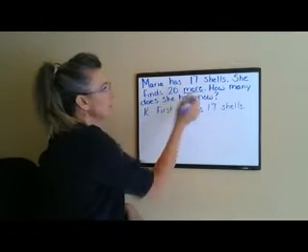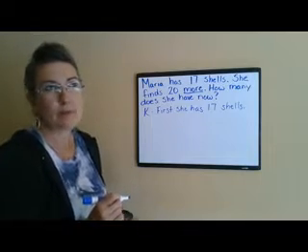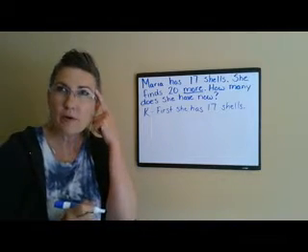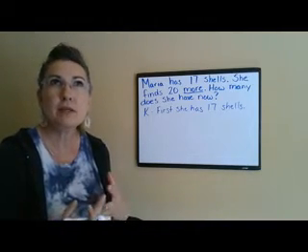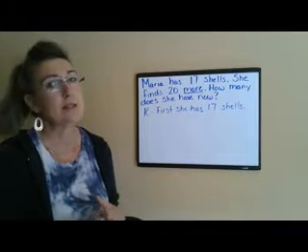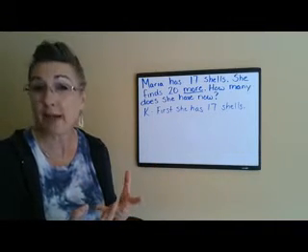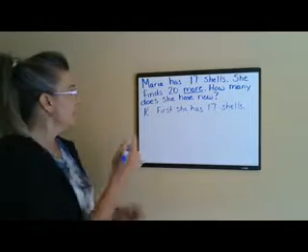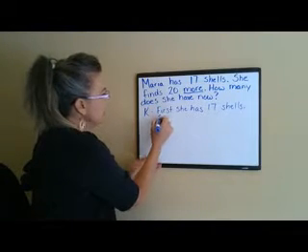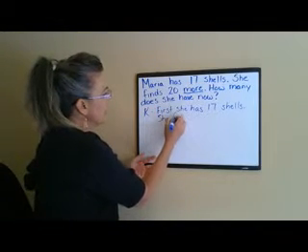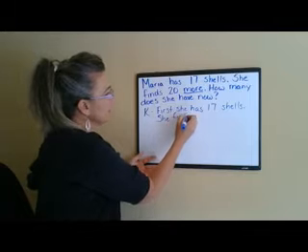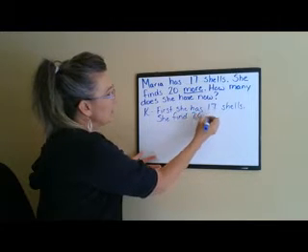Ooh, I am noticing that word more. And when I'm thinking about more, when I get more of something, am I adding or am I subtracting? Okay, if I'm getting more, that means I'm adding to it, okay? So we know she finds 20 more.